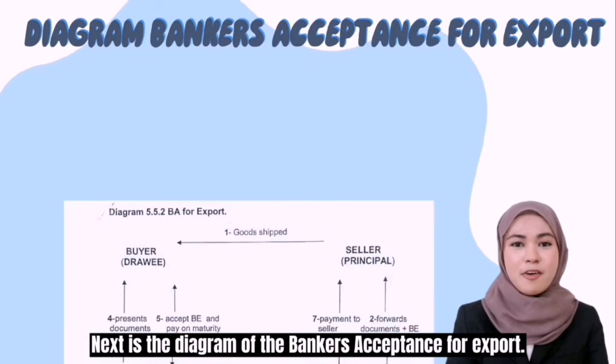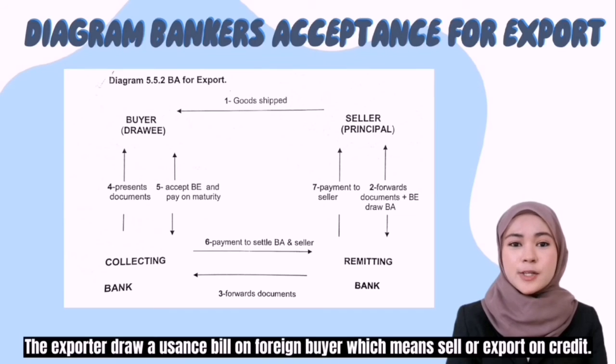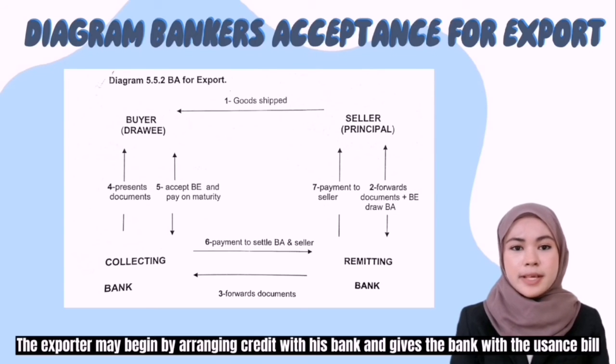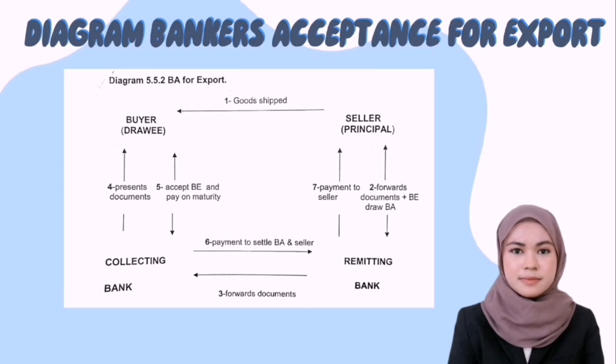Next is the diagram of the banker's acceptance for export. The exporter draws a usance bill on the foreign buyer, which means sale or export on credit. The exporter may begin by arranging credit with his bank and give the bank the usance bill of exchange along with the required documents for collection of the proceeds after the item has been shipped.